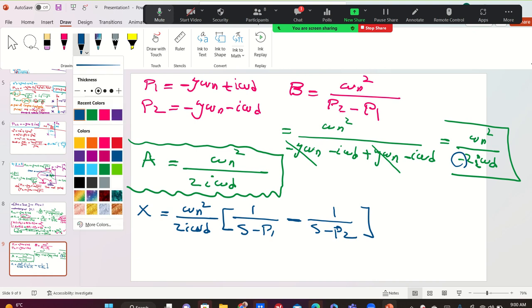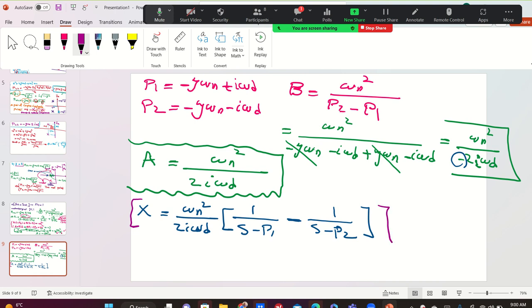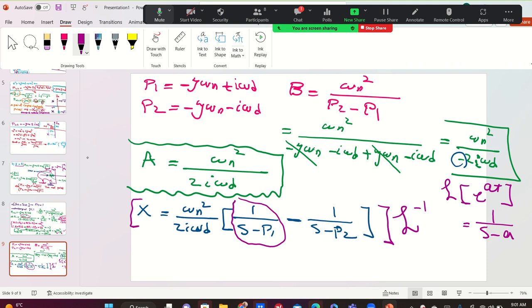Now I want to find it in the time domain. What I have to do, guys, I told you a million times. I want to go back to the time domain. Yes, inverse Laplace. Which function gives you such a Laplace? Now you know it. Go look at your Laplace of e to the at, going to be what? 1 over s minus a. That's right. Yes?